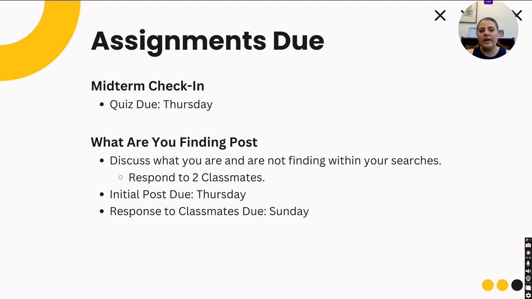For assignments for this week, we have our midterm check-in, and this is optional and completely anonymous, but it does give me information about what's working and what needs to be fixed, both for the course in general, and if we can shift a few things moving forward in the next 4 weeks, please let me know. I value all feedback that is given.